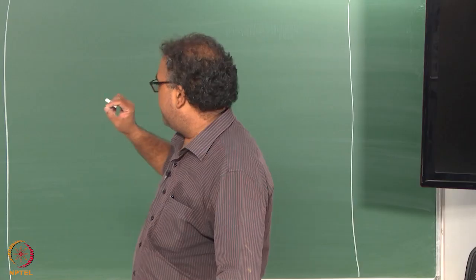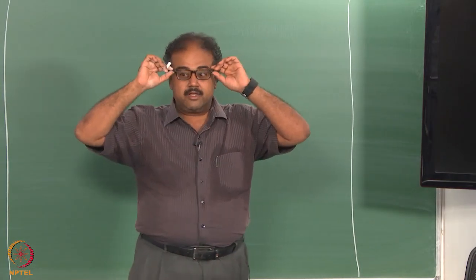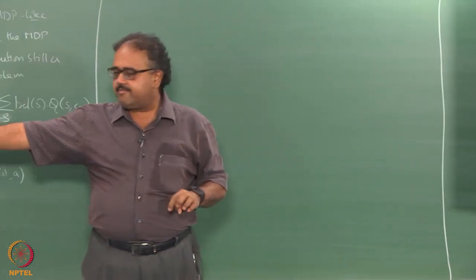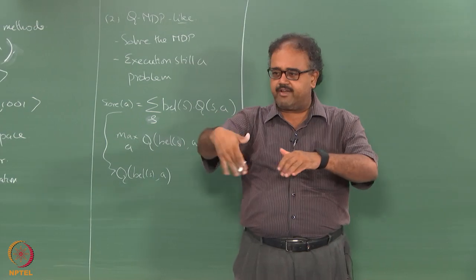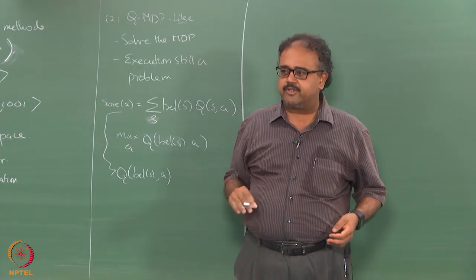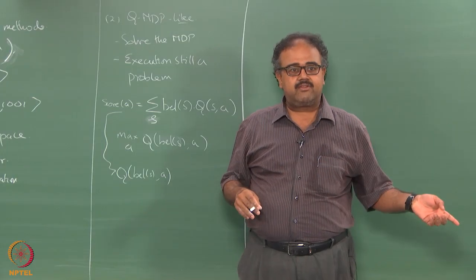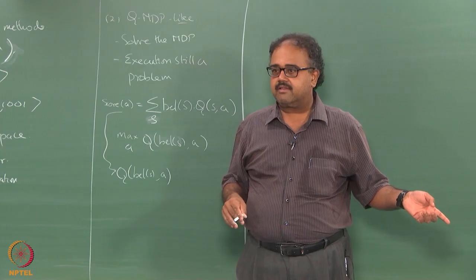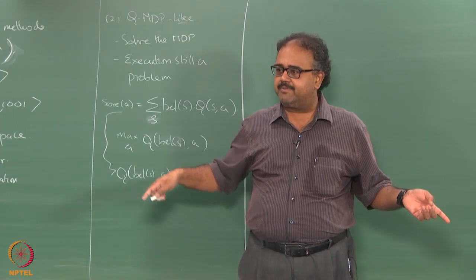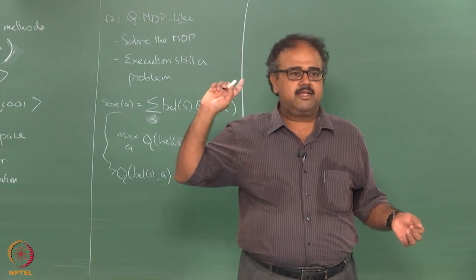Here is a very dumb way of thinking about it, which is actually not too dumb later, as you will see. I can take my POMDP, and I have this way of computing the belief, which we will come to. Now I can define an MDP where my states are the belief states, and the transitions between the belief states are given by the computation that I did for finding the belief states.